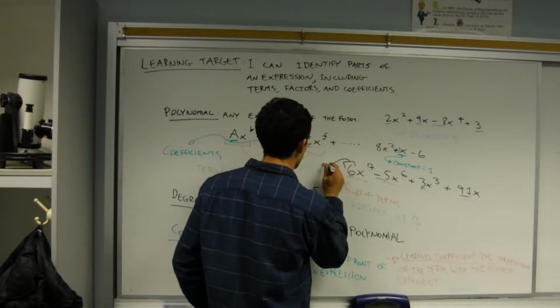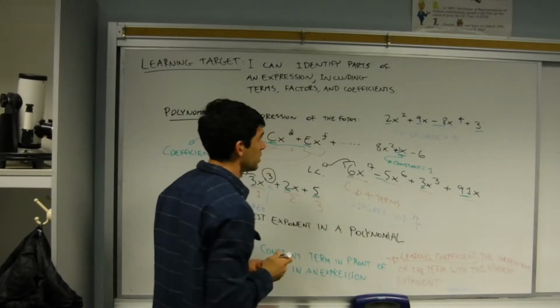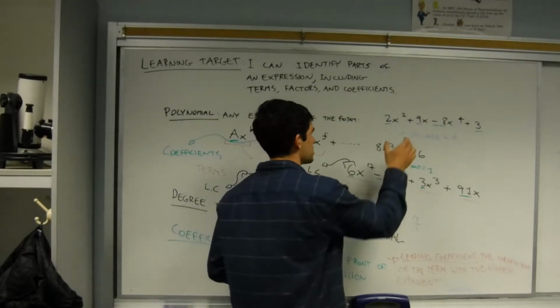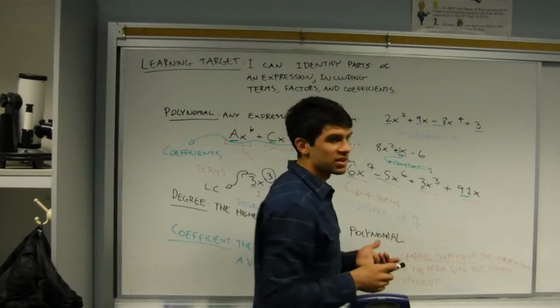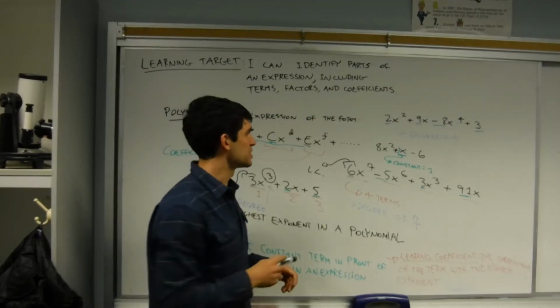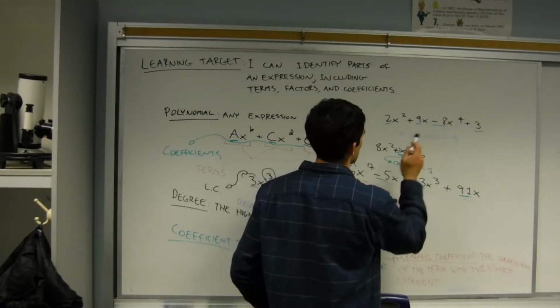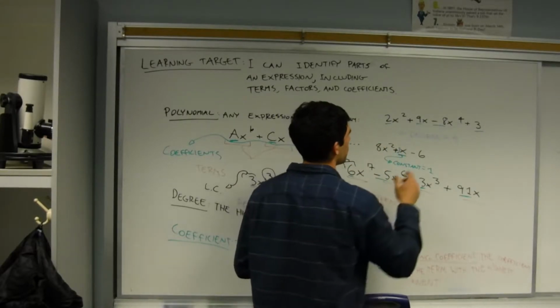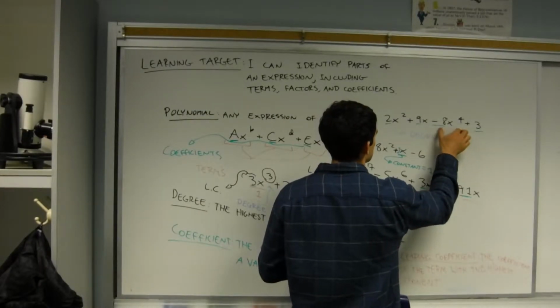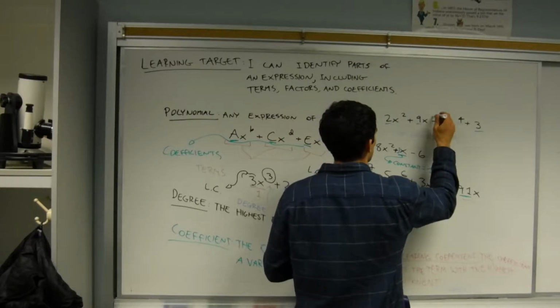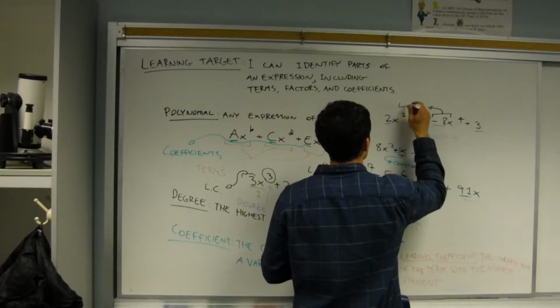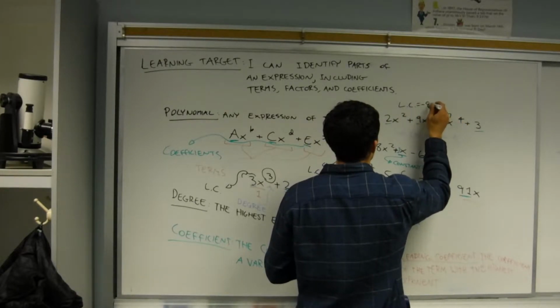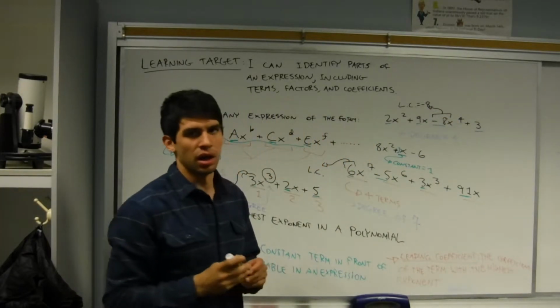So our leading coefficient is 6. And in this example, as we discussed earlier, sometimes the highest exponent is not at the front. Our term with the highest exponent is here. So our leading coefficient would be negative 8 in this case.